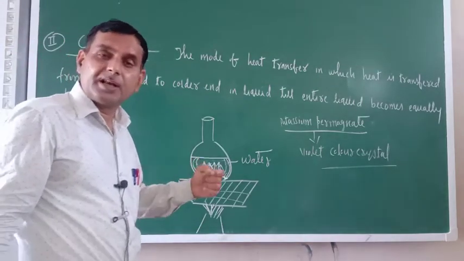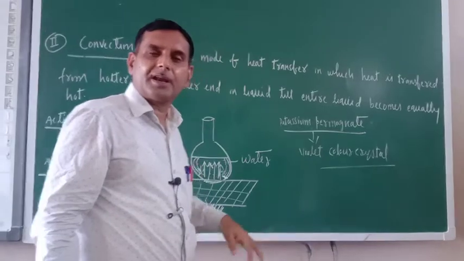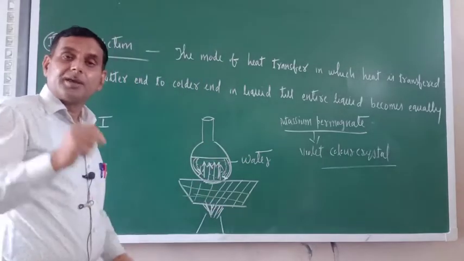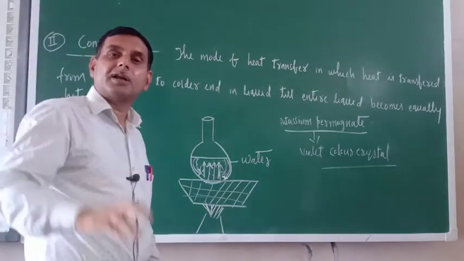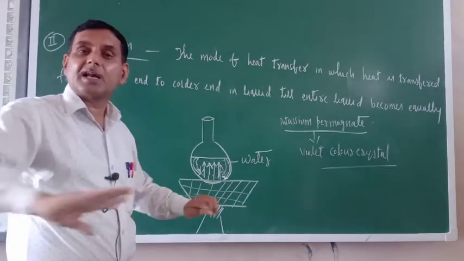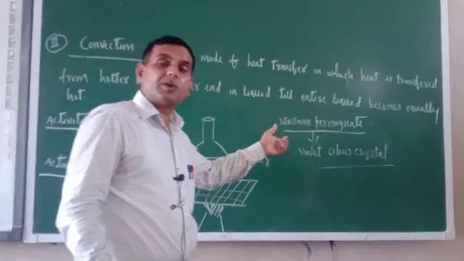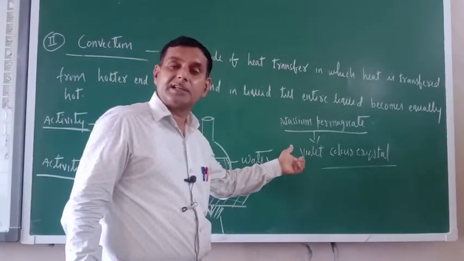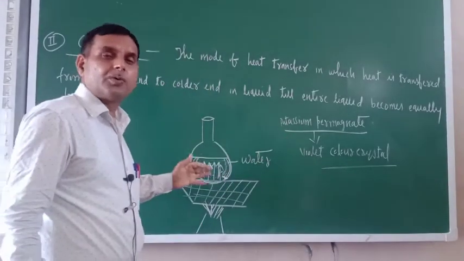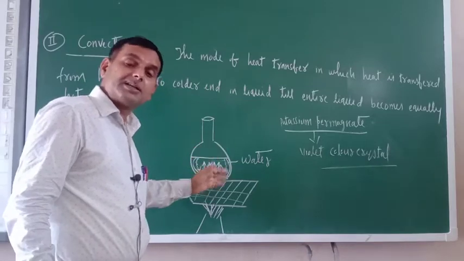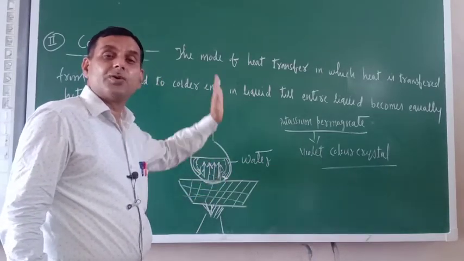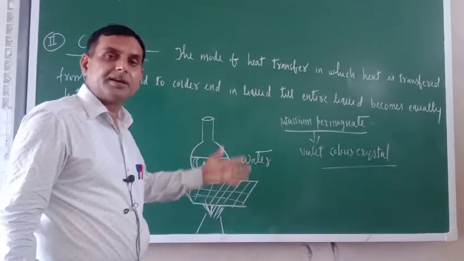Now what was the meaning of the addition of potassium permanganate? Try to understand. If you heat only water, then the currents which are generated inside the water you can't see. Since potassium permanganate is a colored crystal, you will come to know that this particular stream is going up and this particular stream is coming down.